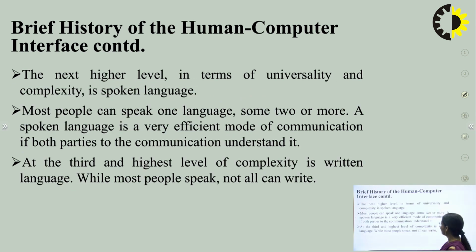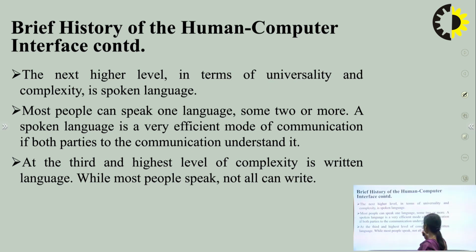Then the next higher level in terms of universality and complexity is spoken language, because most people can speak one language, some may speak two or more, but that is not necessary. If two persons do not know each other's language, then how will they communicate? So that is also one of the major factors.